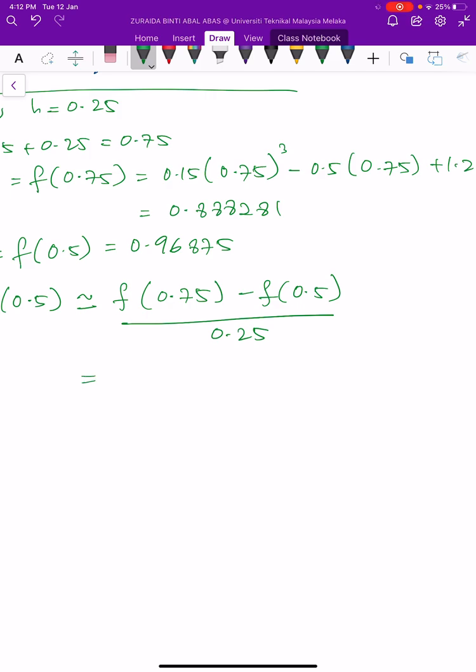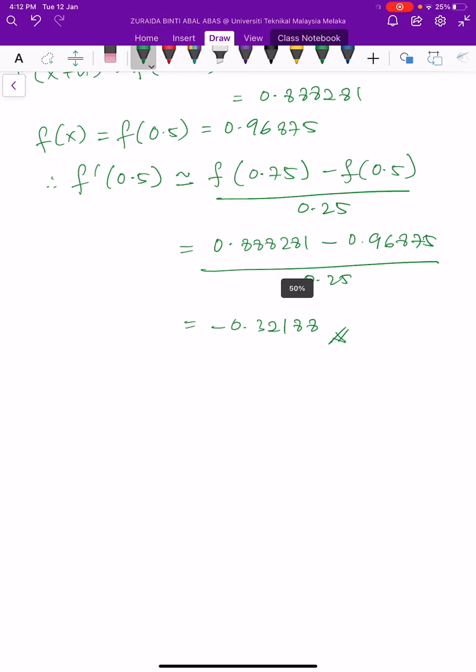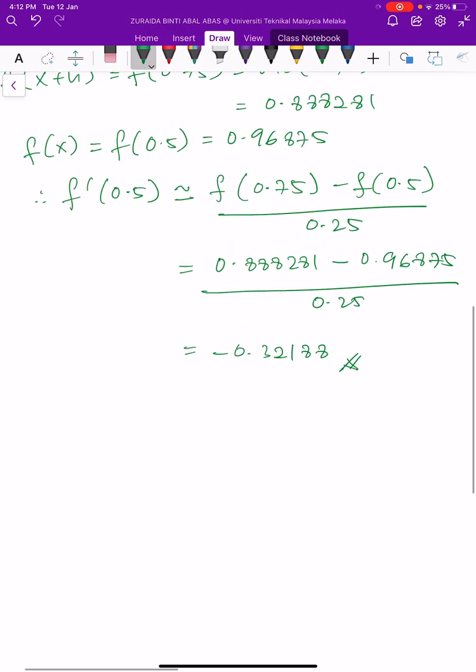That will give you 0.888281 minus 0.96875, divided by 0.25, and at the end you will get minus 0.32188. This is the approximation value for the first derivative of this function.